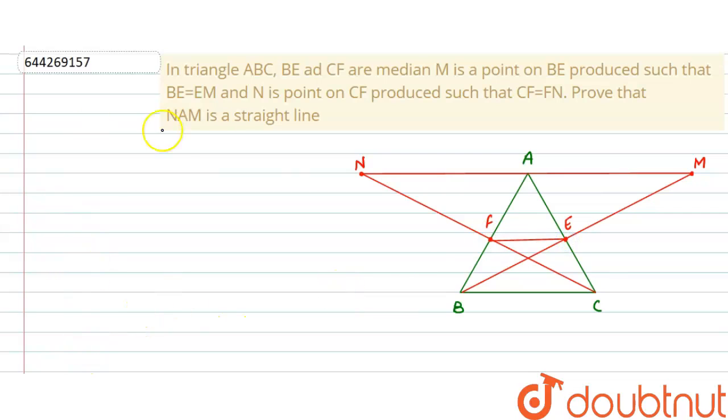Now what we need to prove is that we are given that BE, EM all are equal. So first of all, take a look at triangle ABM.